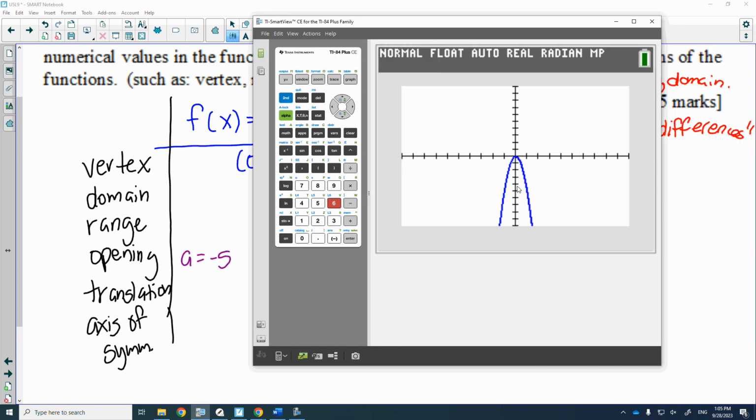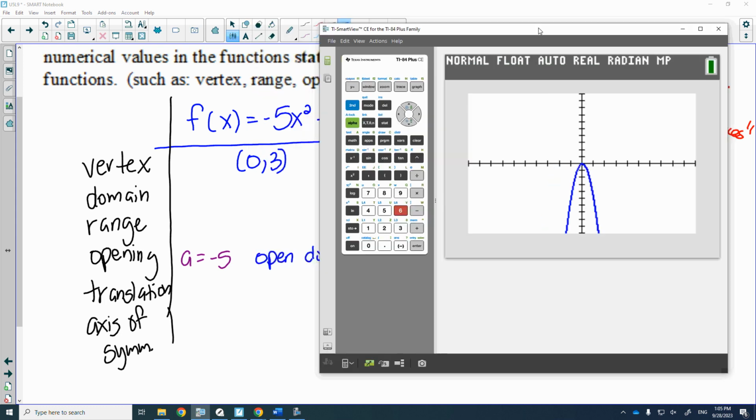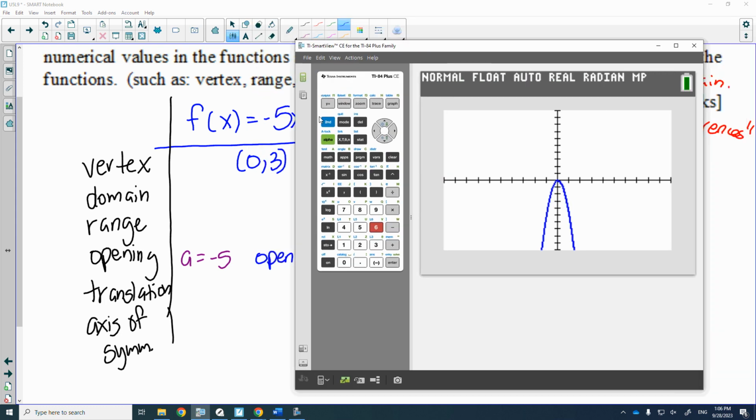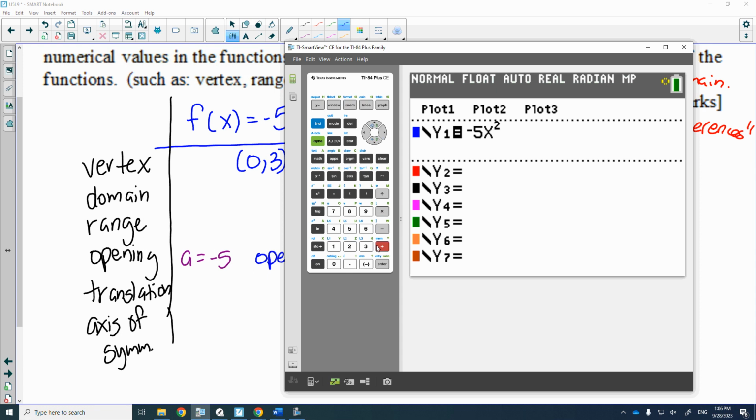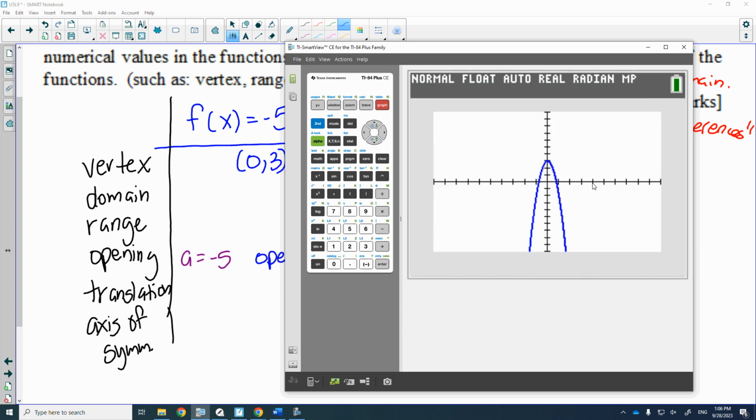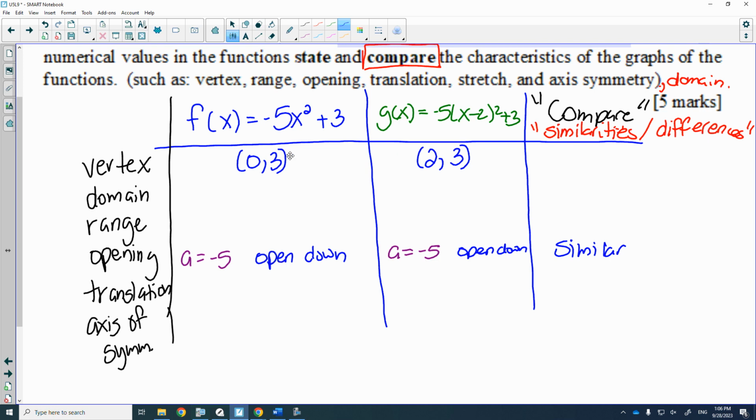So this graph here, the vertex is at 0. Negative 5x squared plus 3. So it's going up 3, but it's opening down. So 0, comma 3. Okay. Do these have similar or different vertexes? They're different. If you wanted to, you could put the other graph in y2.